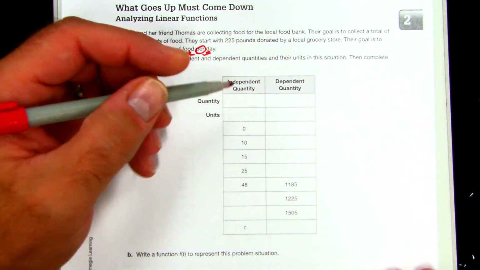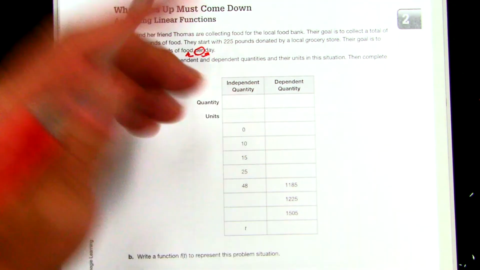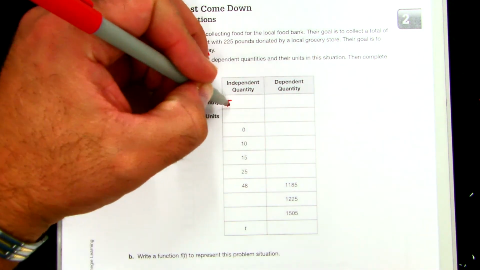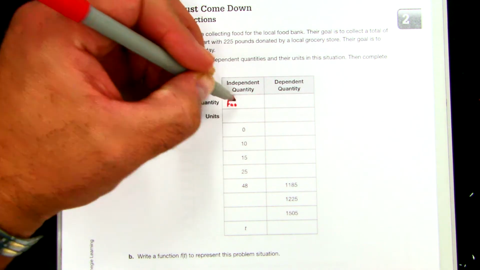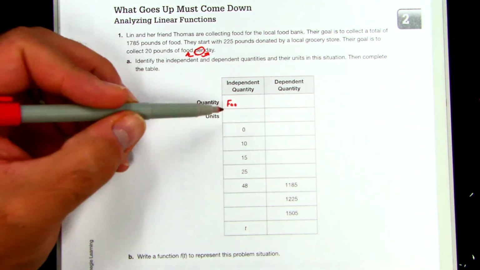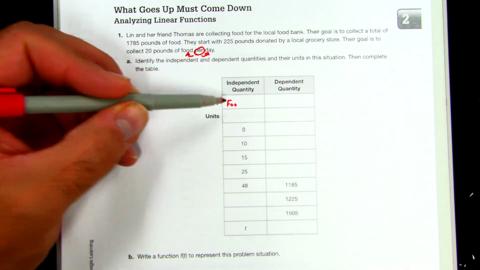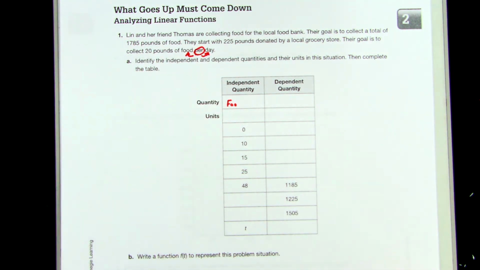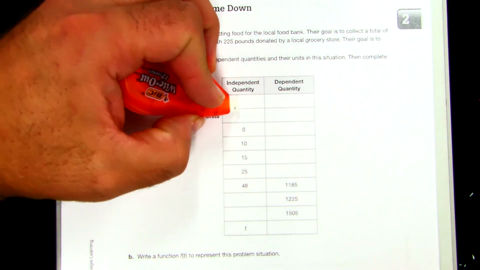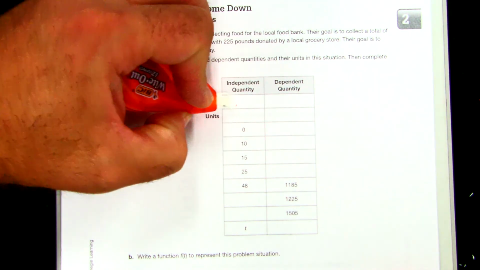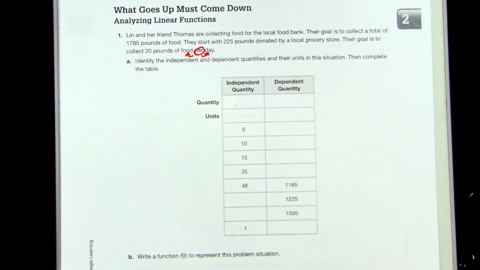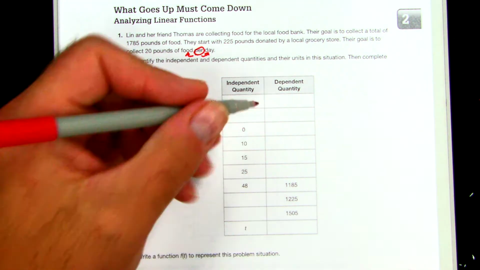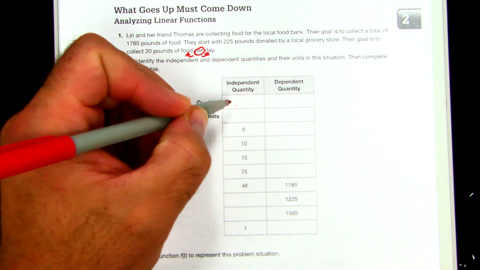So this is food, right? Is that our dependent that goes there? No, you should have said, wait, Mr. Frazier, you're making a mistake. Stop. Correct, you should have here as your independent.